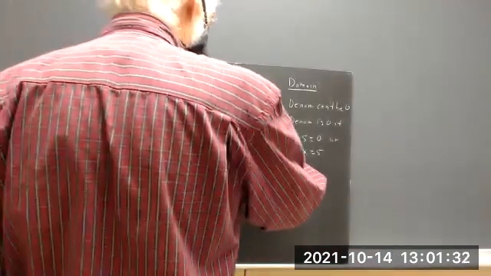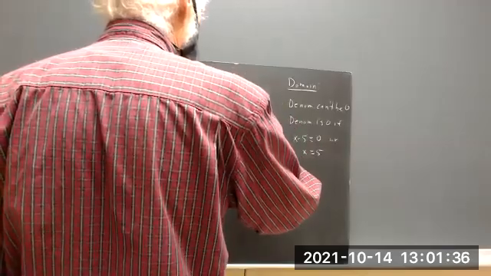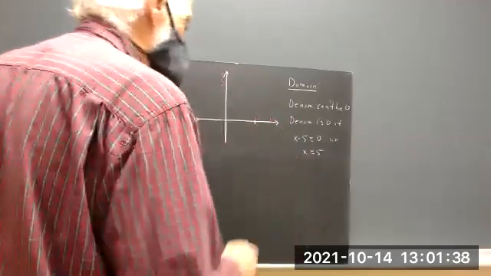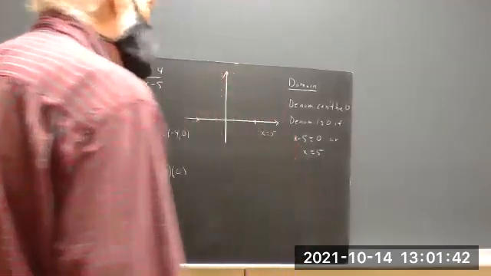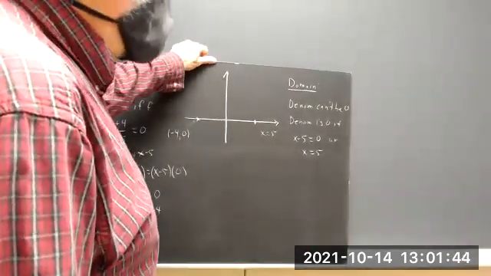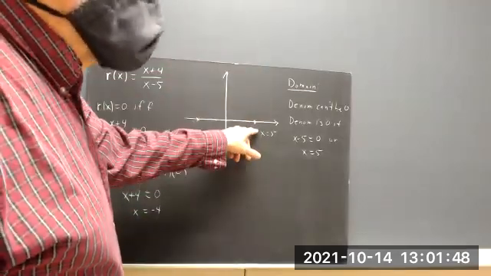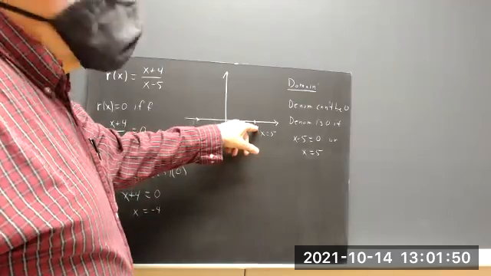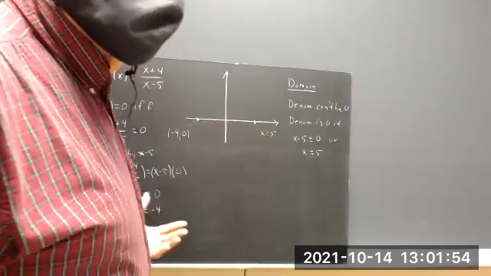Okay, so here's where x equals 5. No point on the graph lies above or below the point where x equals 5 on the x-axis.